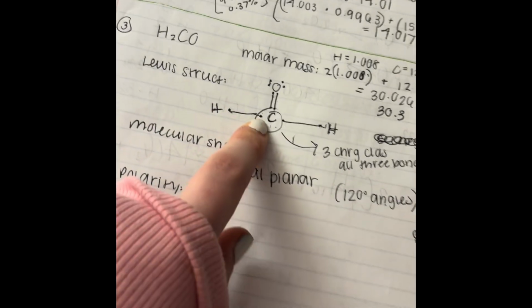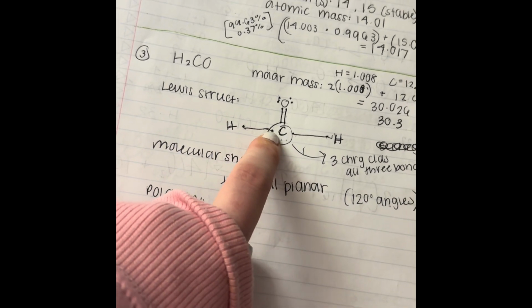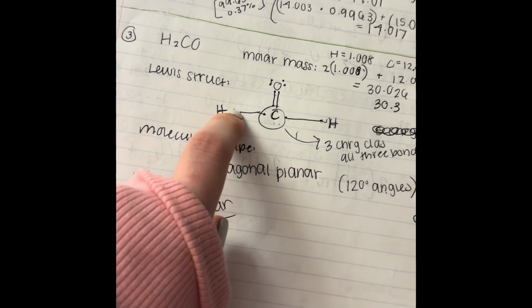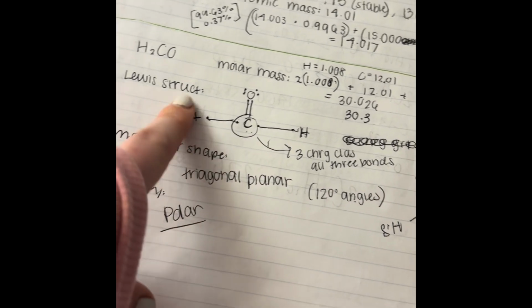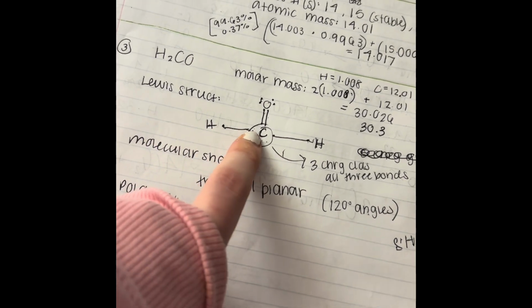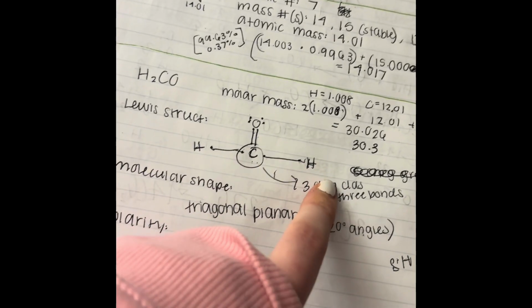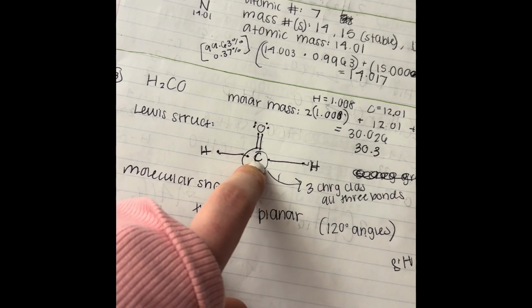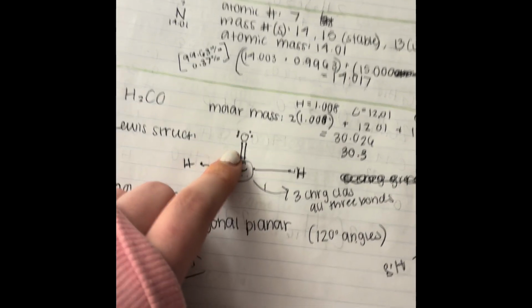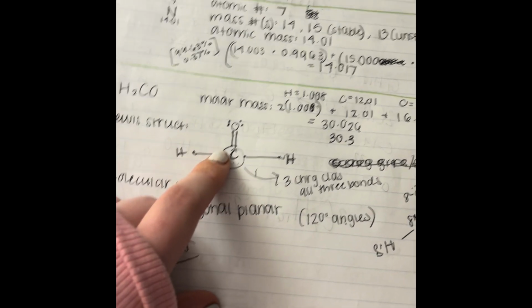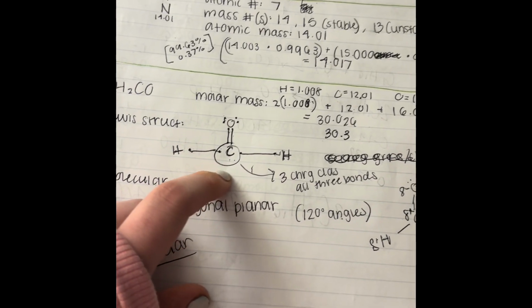So the line's going to show the bonds where the single unbonded electrons want to form a pair to become stable, and the dots, like I said, represent the valence electrons.